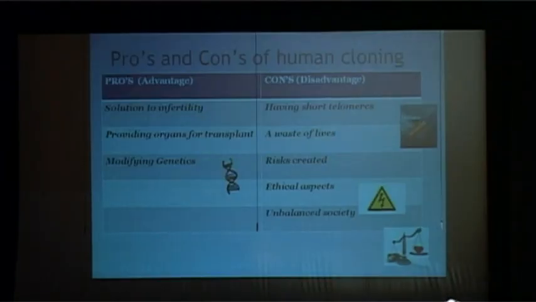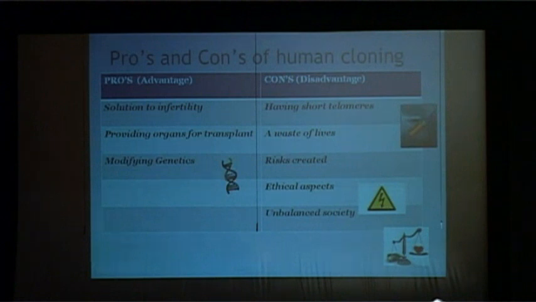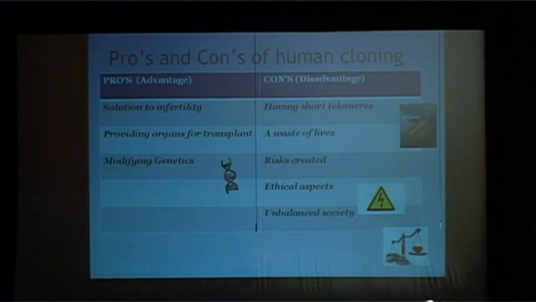Thirdly, risks may be created while cloning a human. According to my information again, human cloning and man-made fertilizations are actually very similar. It would increase the chances of miscarriages and premature births. Fourthly, for the ethical aspects, which many people are worried about, people think that they prefer natural fertilizations more than man-made fertilizations.